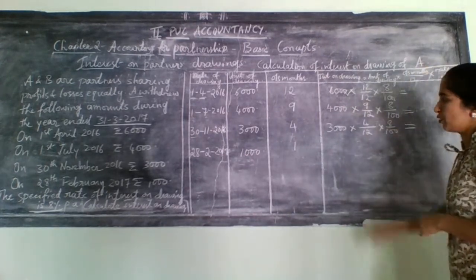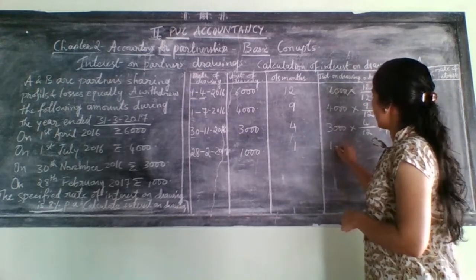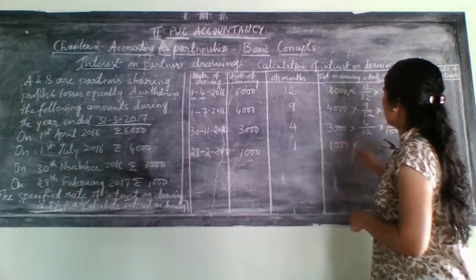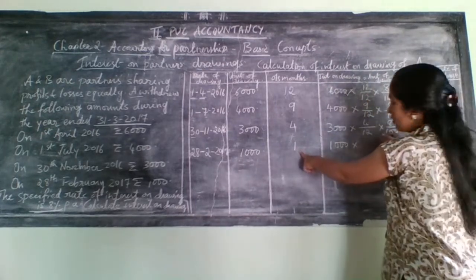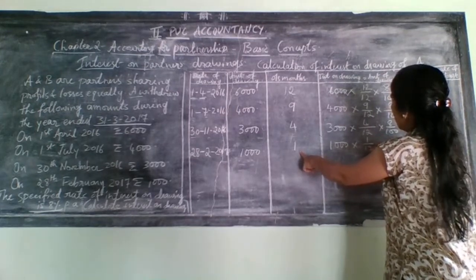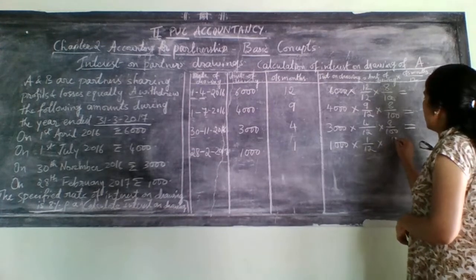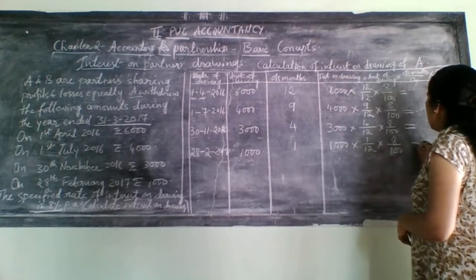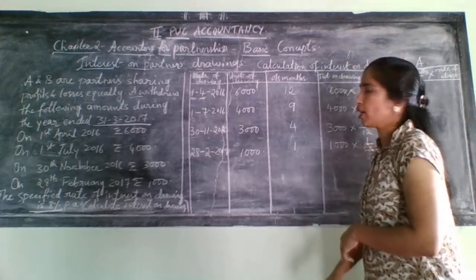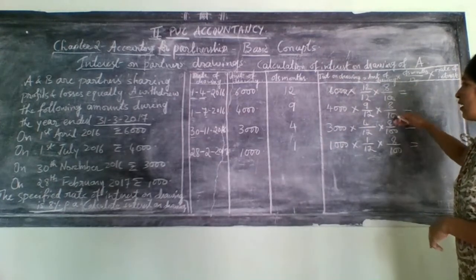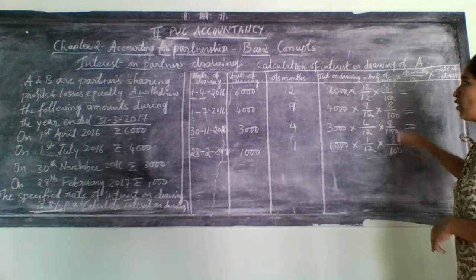Next, 1,000 into outstanding month 1 divided by 12 into rate of interest 8 by 100. Now take your calculator and calculate each and everything now.